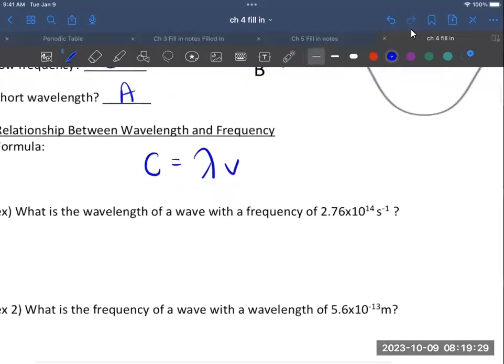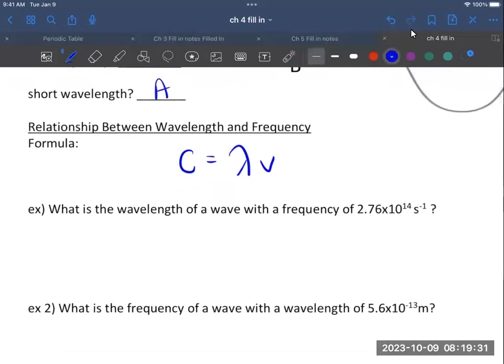Let's label these. c is the speed of light, and the speed of light is constant; this number never changes. It's 3.00 times 10 to the 8th meters per second.